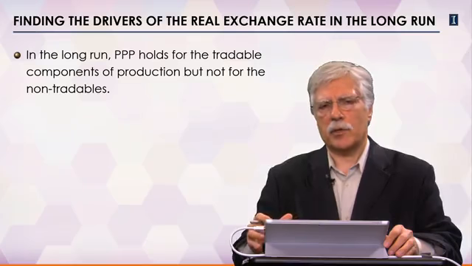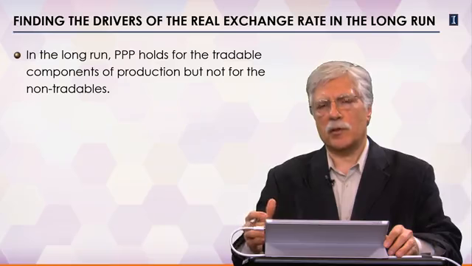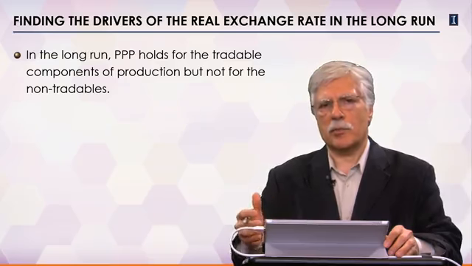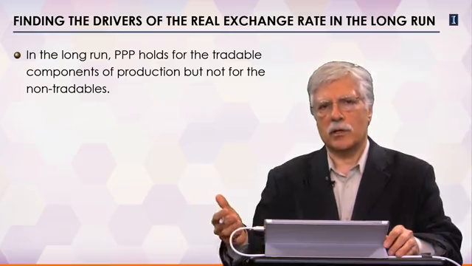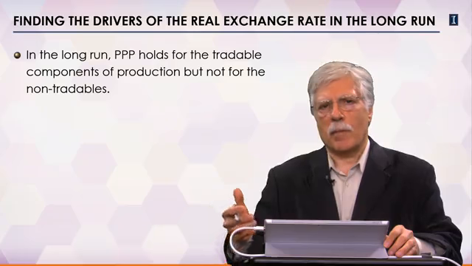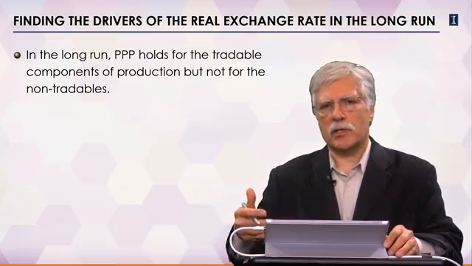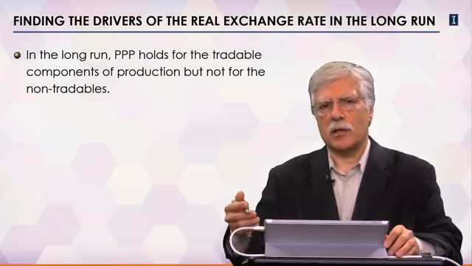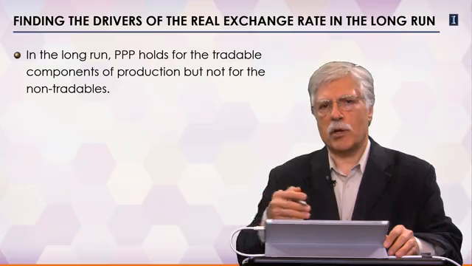Any product that you purchase has two components. Part of it is tradable and part of it is non-tradable. By tradable, I mean, for example, a shirt on a ship on the sea that could be taken to any country. So that's the tradable part. But what you pay for a shirt is not just the price of that shirt on the sea. It includes the shipment costs to the country, within the country.